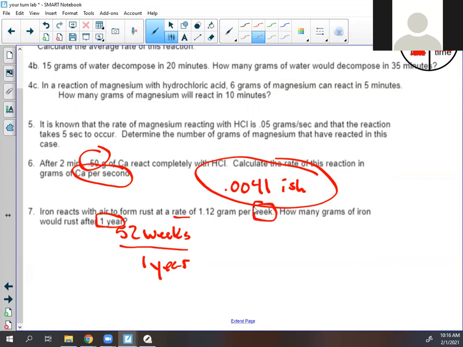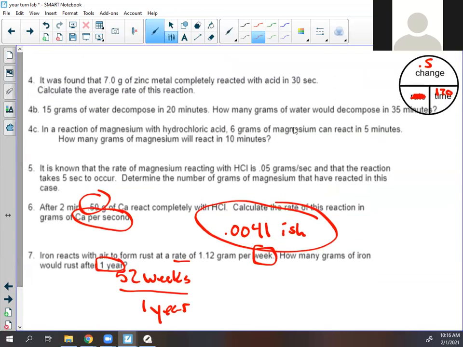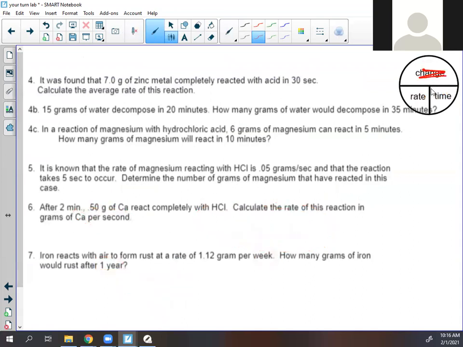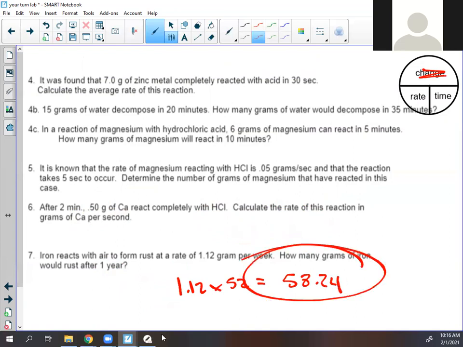These have to match each other. So 1 year is 52 weeks. If we want the change, it's rate times time. So 1.12 times 52 was 58.24. Good. Okay. That's that.